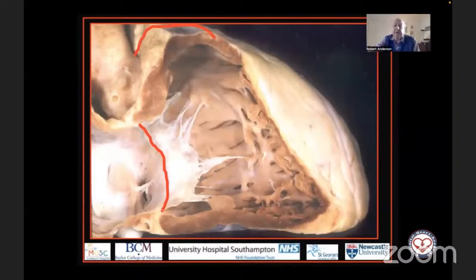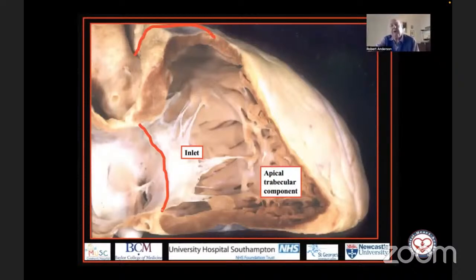Now, we're not going to have time to discuss that today, but we'll get into that a little bit more in our final session of development when we discuss what happens in the outflow tract. Today, all we need to know is that as we analyze the ventricles, we can recognize their inlet extending from the atrioventricular junction to the margins of the attachments of the tension apparatus of the atrioventricular valve.